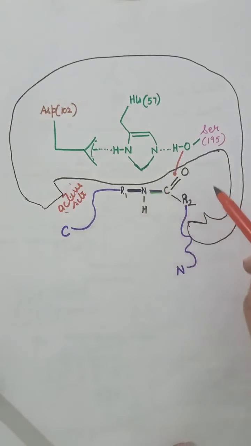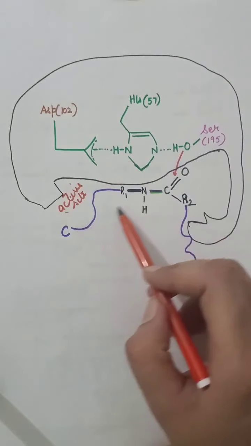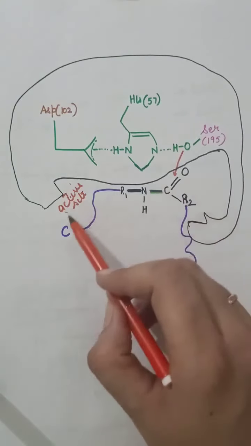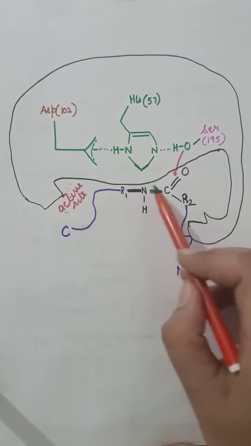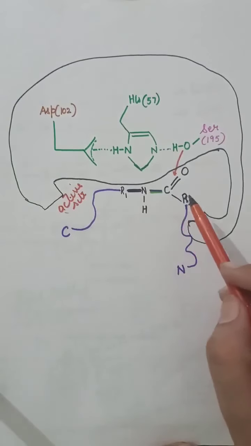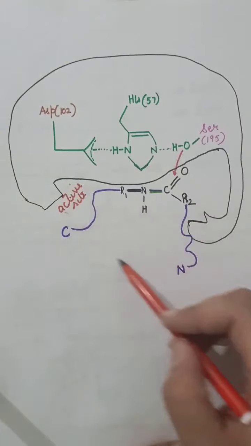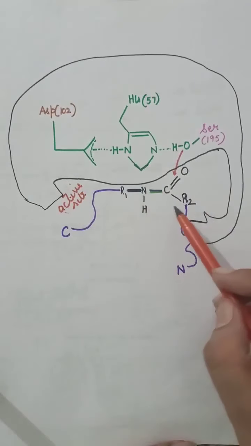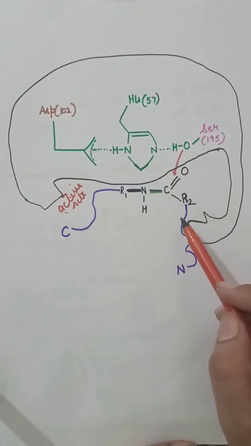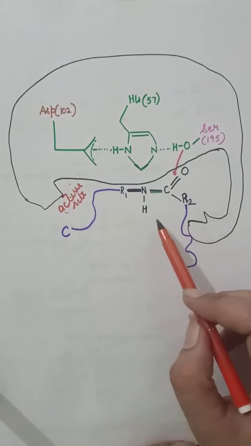This is the active enzyme chymotrypsin, but when it is in the form of chymotrypsinogen, this substrate binding site, the active site, is blocked, and hence the enzyme is inactive. When this substrate binding site is blocked, the enzyme remains inactive.